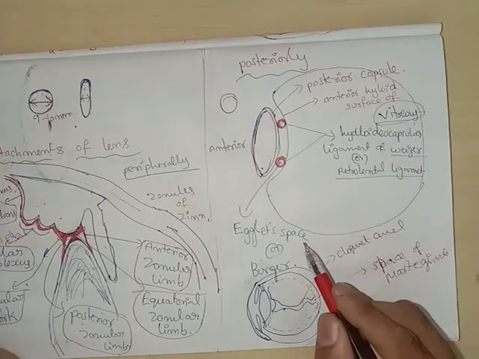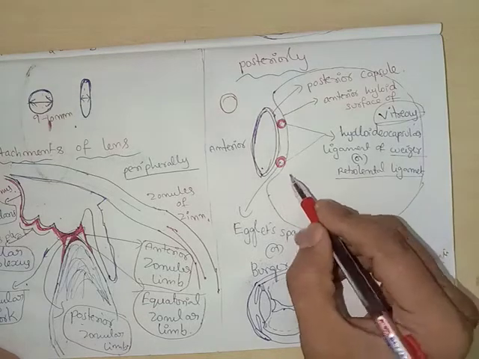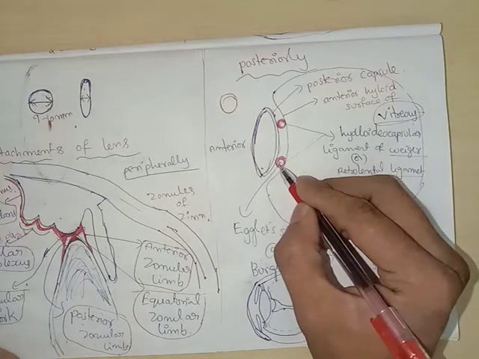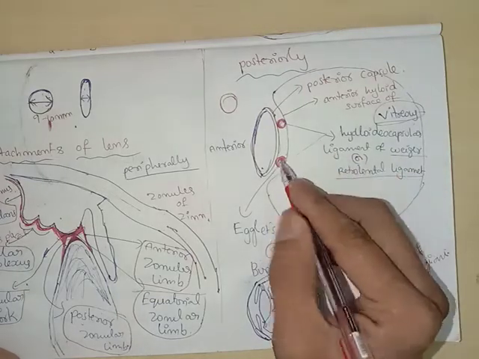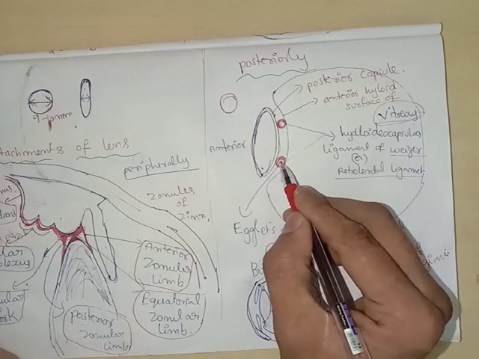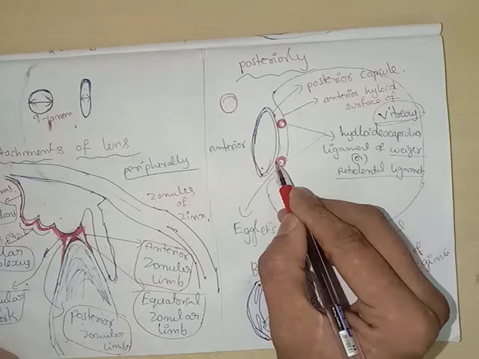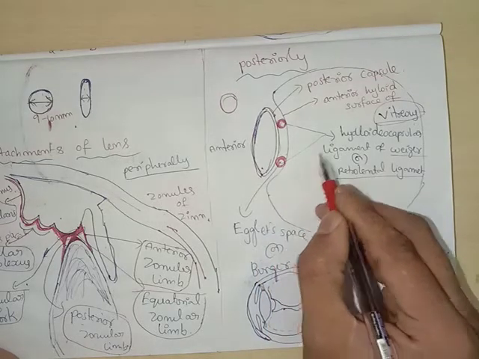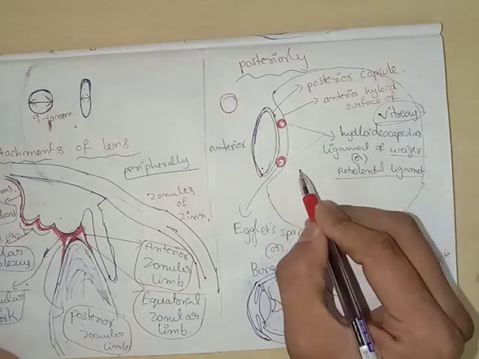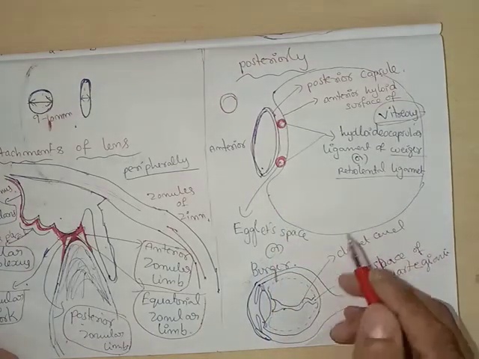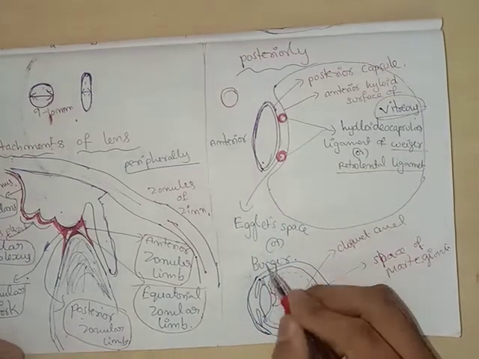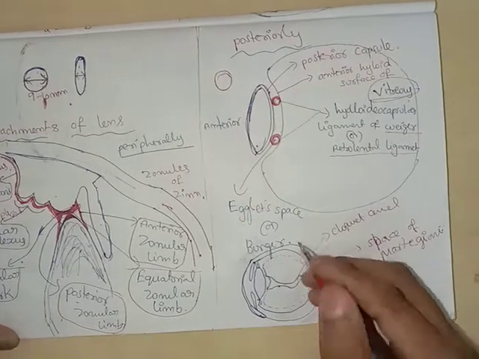What is meant by Egger's space? It is the space within the circle. I just explained the circle: it is a circular adhesion between the posterior capsule of the lens and the anterior hyaloid surface of the vitreous. There is a space, and it is called Egger's space. This space is also known as Berger's space.